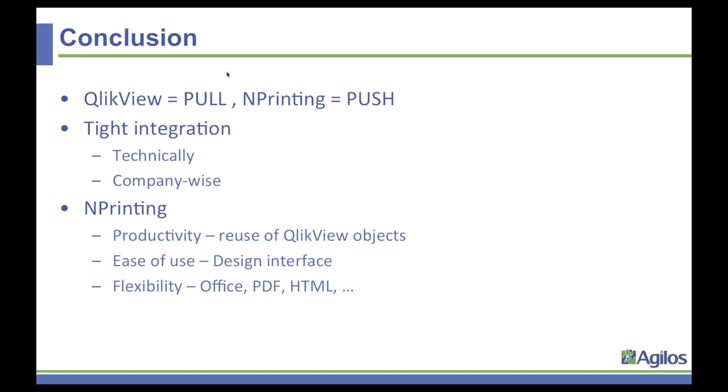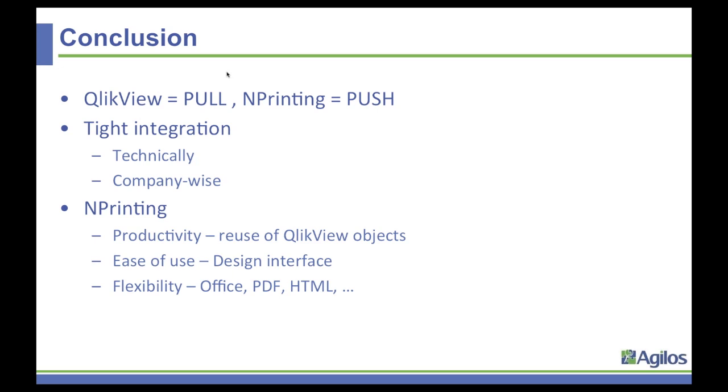To give an example, ClickView organizes a partner conference each year where they update all their partners, like Agilos, about new releases and technologies. That's about 1,500 people annually. And for a couple of years now, NPrinting has been the platinum sponsor of that conference. So ClickView is really embracing NPrinting as a printing add-on to ClickView.